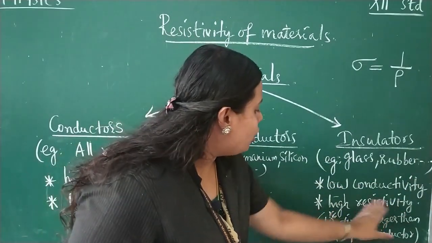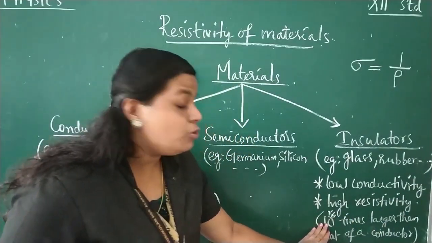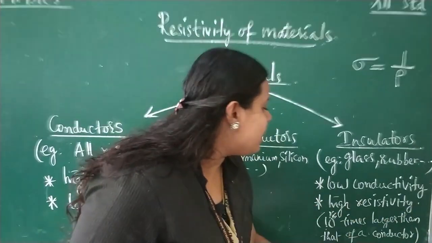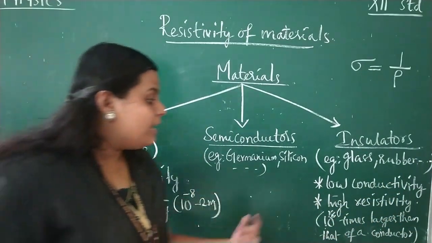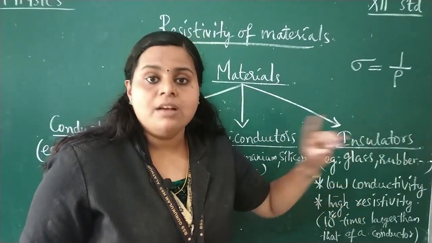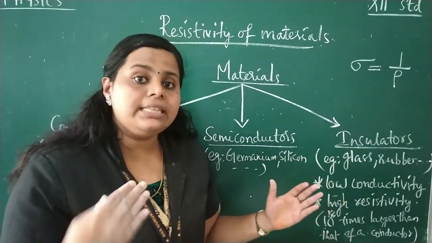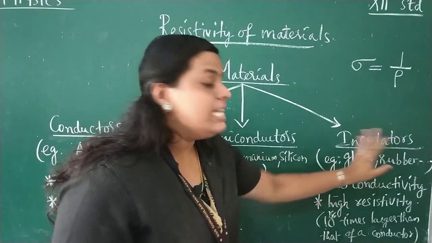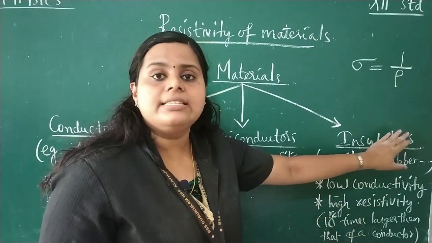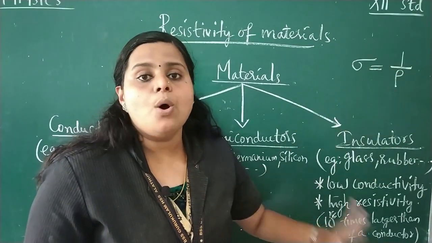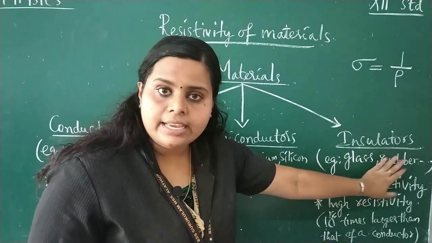The resistivity of insulators is 10 raised to 18 times higher than that of a conductor, that is, 1 followed by 18 zeros times the resistivity of a conductor. So insulators are materials with high resistivity, or low conductivity.